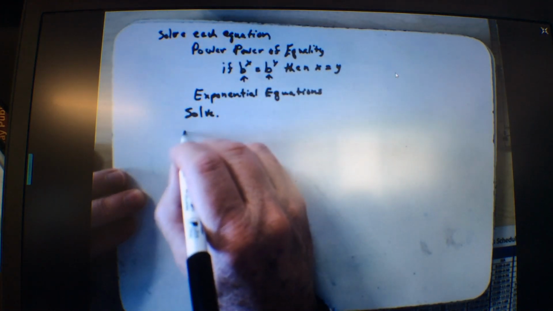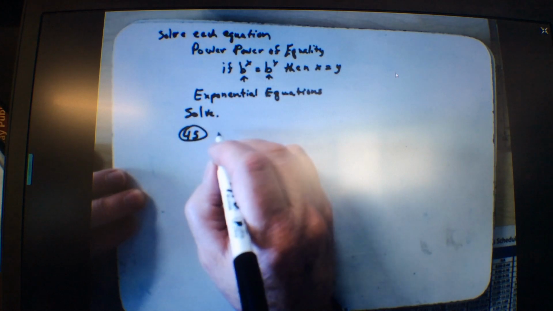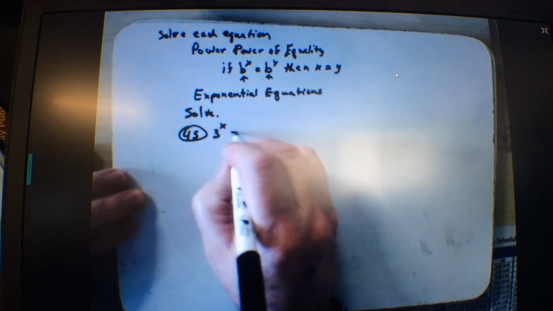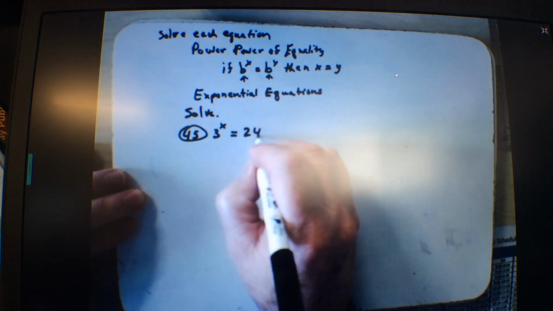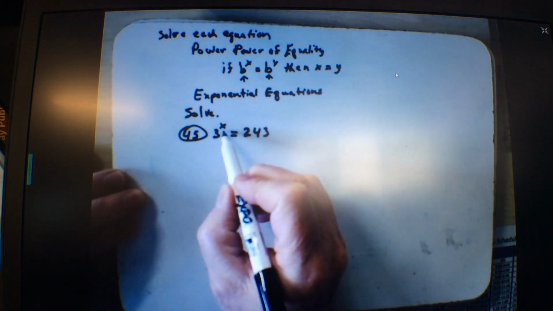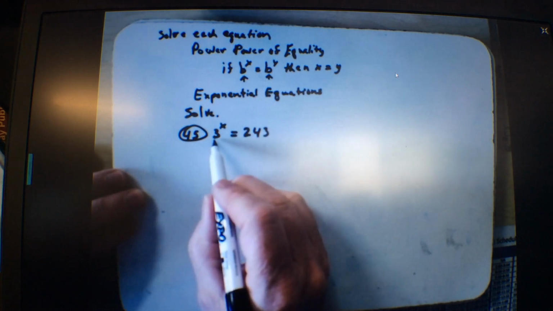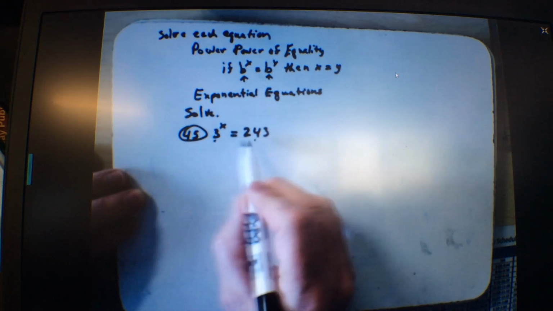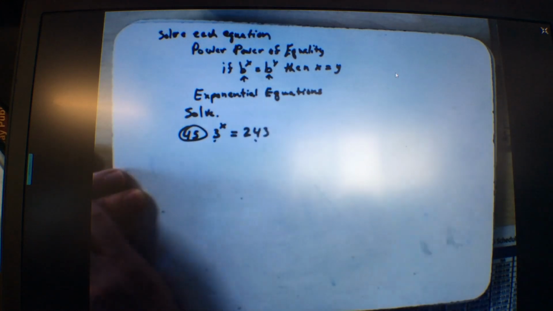This is number 45 on your assignment. 3 to the x power equals 243. This is an exponential equation, Tatum, because it has an x in the exponent, right? If we can get these two so they have the same base, we can say x is equal to this one. Braxton, you with me?